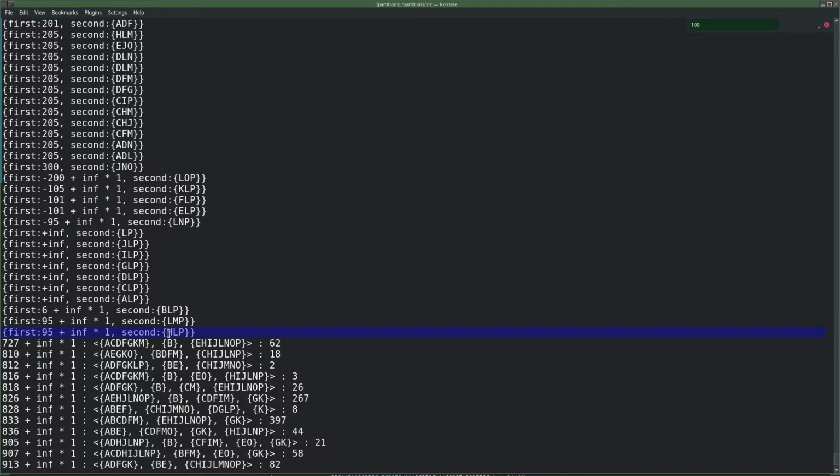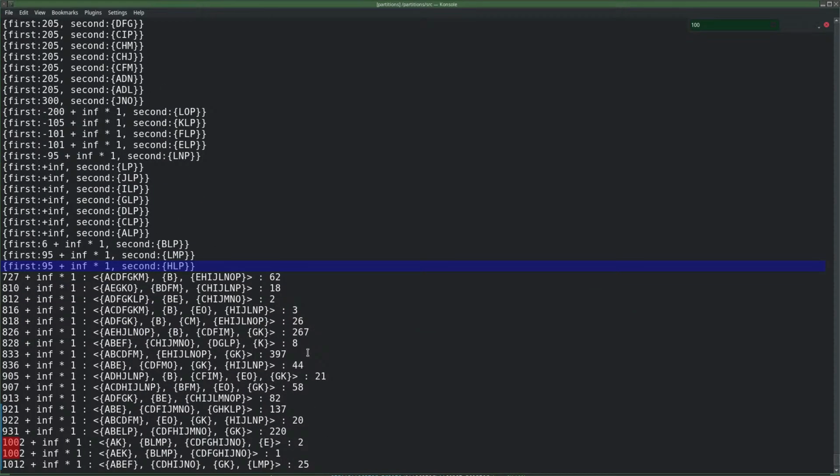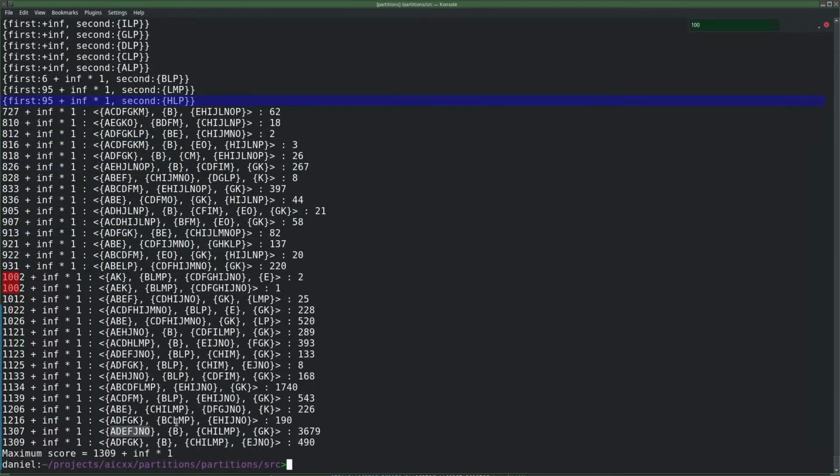So we're going to find HLP and then LMP and BLP and then so on, this direction. And I'm going to see if those occur in this set here. And that is a pure waste of CPU, of course. There's really not a better way.